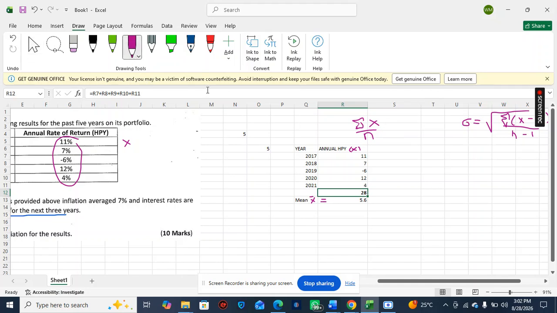All right. Next, after I get the average return, you get the deviations now. How far is each return from the average? That's what the deviation is.